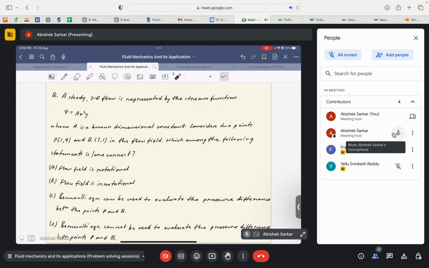It's quite simple, right? Partial derivatives. U is equal to dou psi by dou y, V is equal to minus dou psi by dou x. Simple partial derivatives. Once you find that, you evaluate the curl of the velocity field. I will write it.